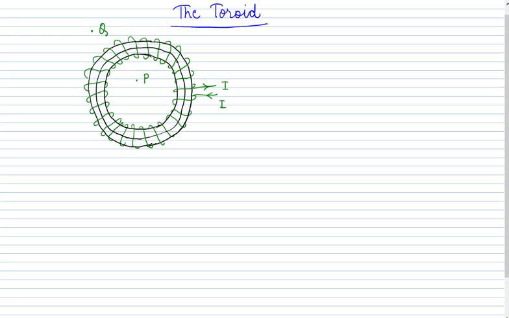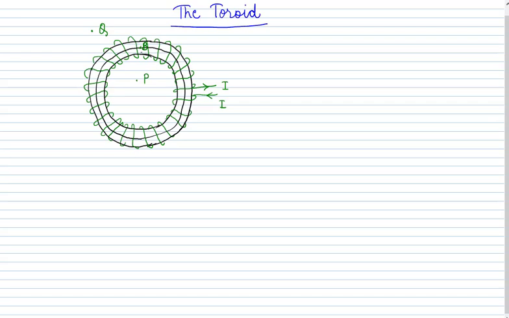Now if we take any point somewhere inside this toroid, say this point B. Here you can see the point B situated within the toroid.